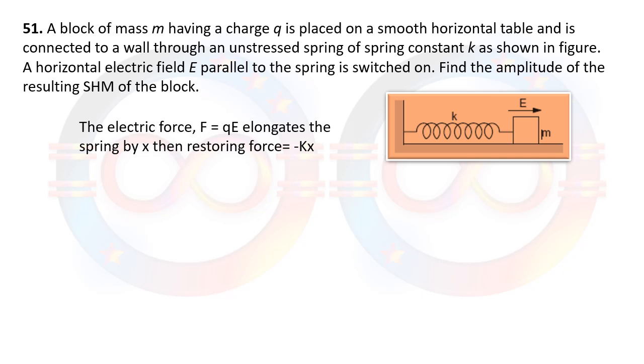This restoring force is responsible to balance the QE at equilibrium. X, which is the elongation in the spring, we can take as the amplitude of SHM as well. So the X value will be nothing but QE upon K from this particular simple question.